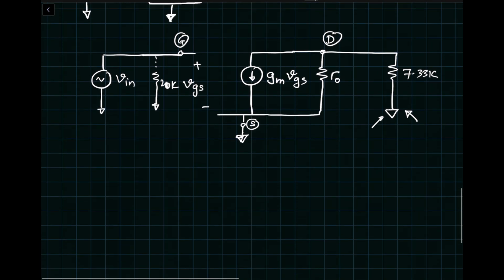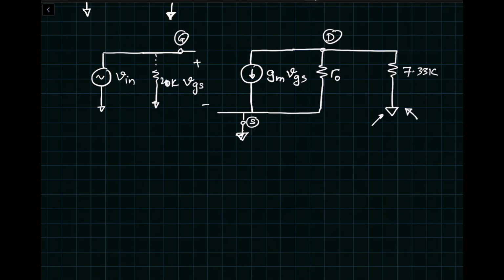Given this AC analysis representative circuit, now we need to figure out the values of GM and R out. Remember, GM and R out are small signal parameters, for example, transconductance and output resistance. However, their values are decided by the large signal operating point.